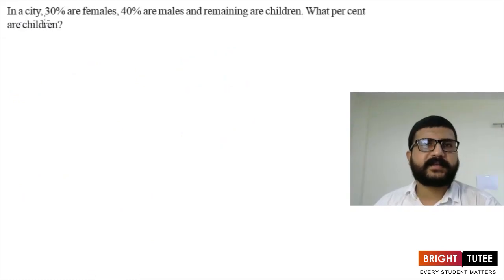Now the next question is, in a city 30% are females, 40% are males and remaining are children. We have to tell what percent are children. So let it be X percent. We can say let X percent be children.